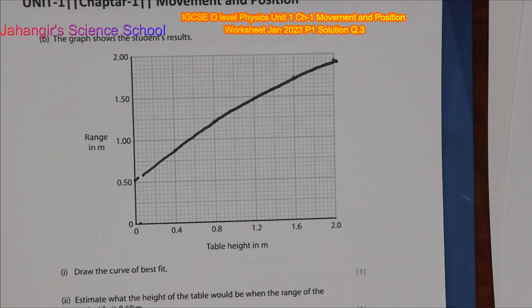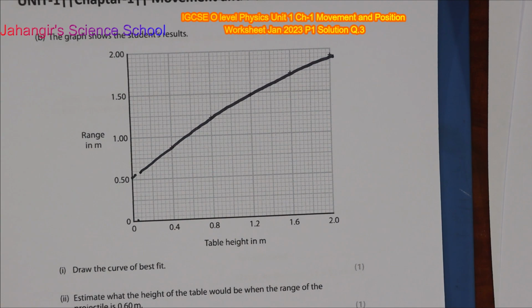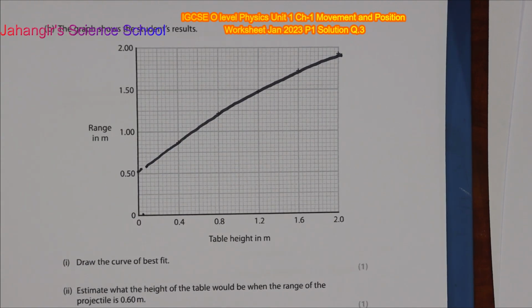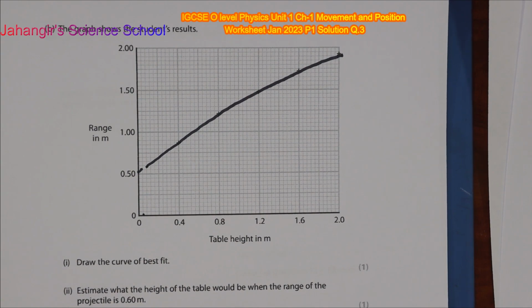Justify why the student has plotted a line graph rather than a bar chart. Because both variables are continuous.